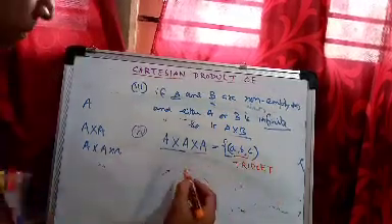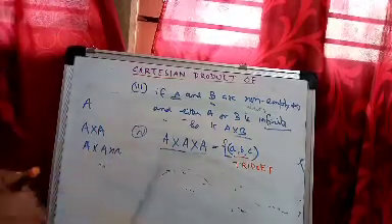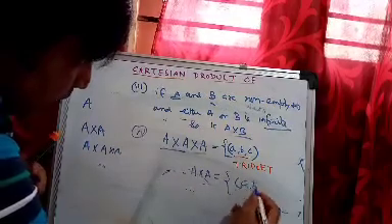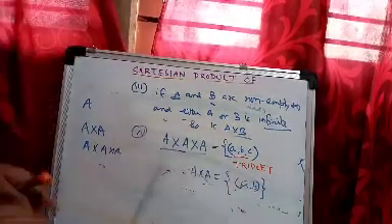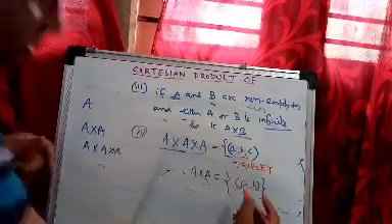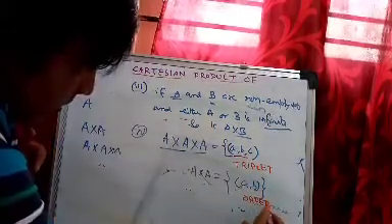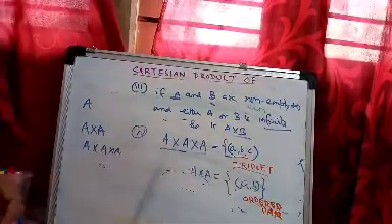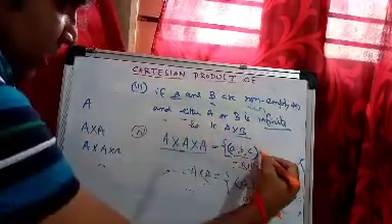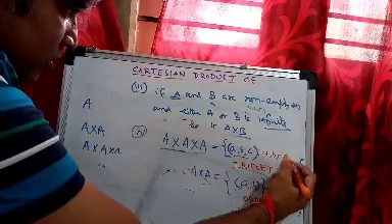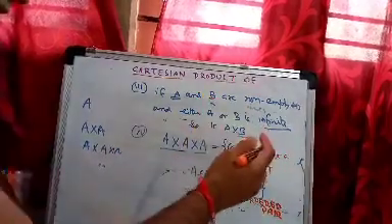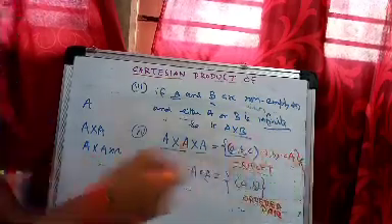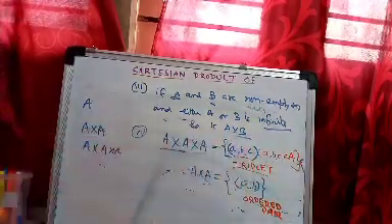And A cross A is an ordered pair, (a, b). There are two elements here, and three elements there, so it is called a triplet, such that a, b, c belong to capital A. So this is an ordered triplet and this is an ordered pair.